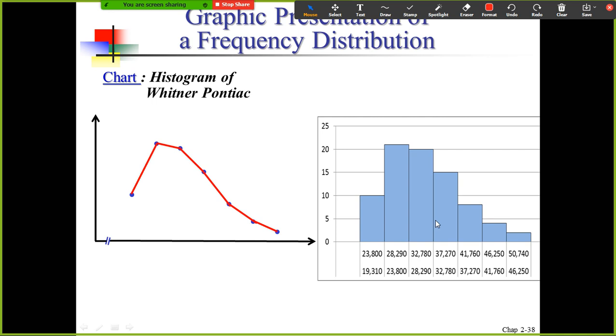If I take the histogram away, the graph is only a line like this one. This we call a frequency polygon. This graph we call a histogram. Histogram is a special bar chart. But a frequency polygon is a connected line segment from one class midpoint to the other.